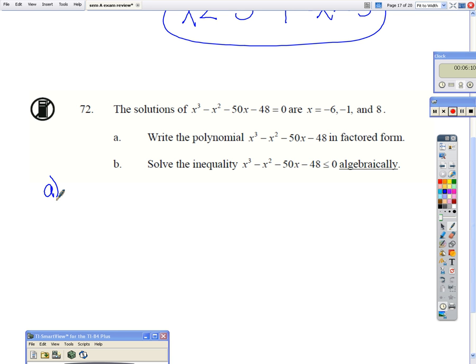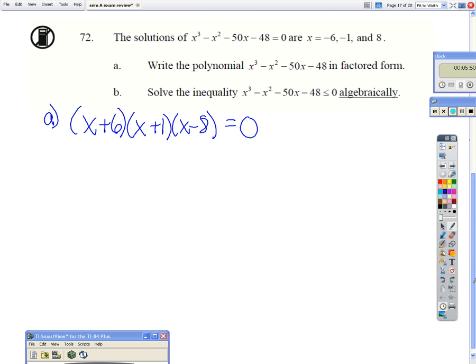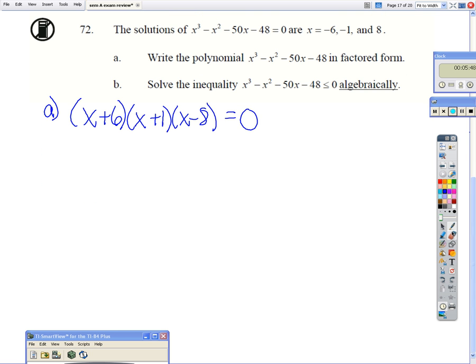Okay, so for part A, since it gives me all of the zeros, again I can write that in factored form. And then it says solve the inequality algebraically. So that's what we're going to do again with the chart. And we want less than or equal to 0.